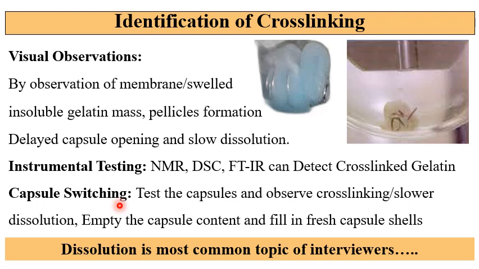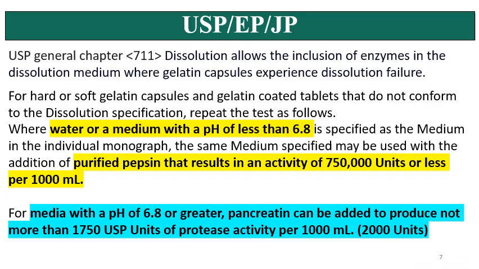If the observation is different in both the batches, that means the normal stability sample of old gelatin capsule shells batch and the new one, test the capsules and observe cross-linking or slower dissolution, then empty the capsule content, fill it in the new capsule shells, and observe it. Then you will get to know whether the cross-linking is there or not.